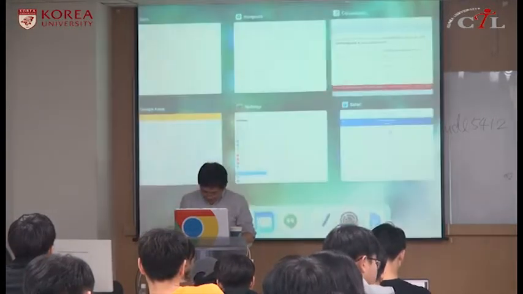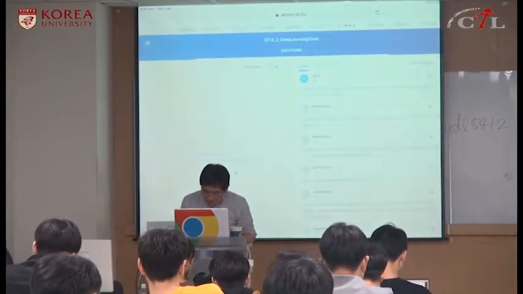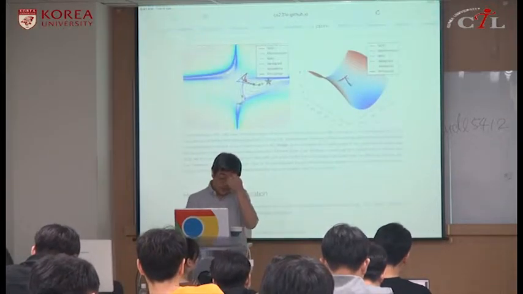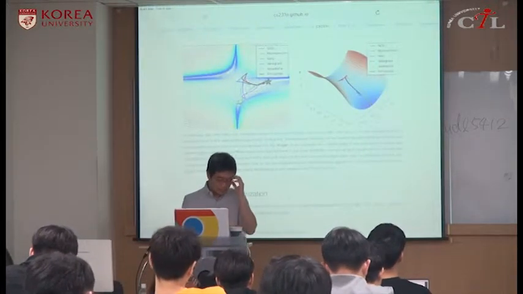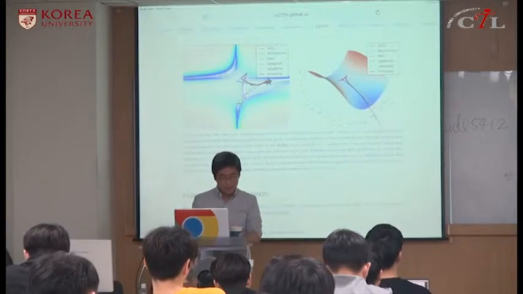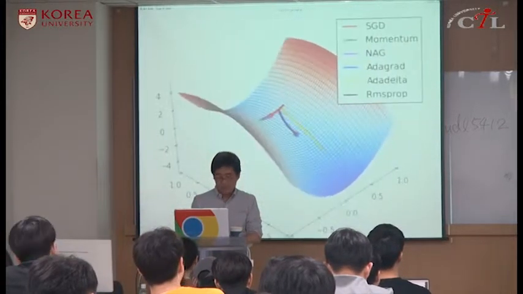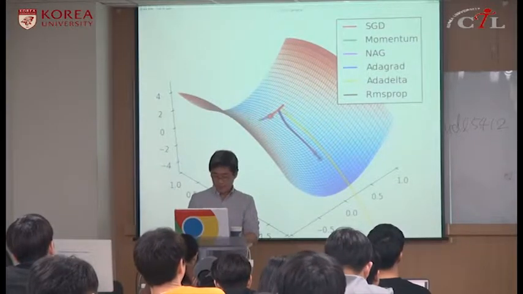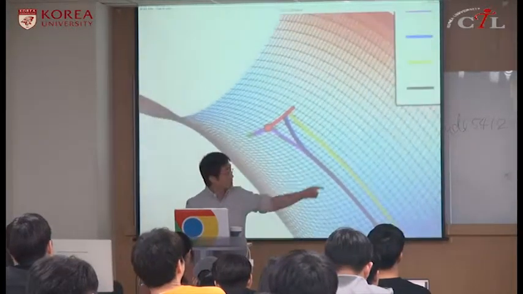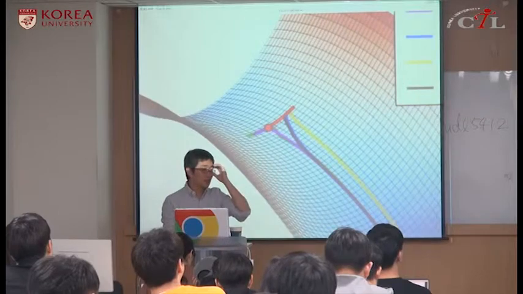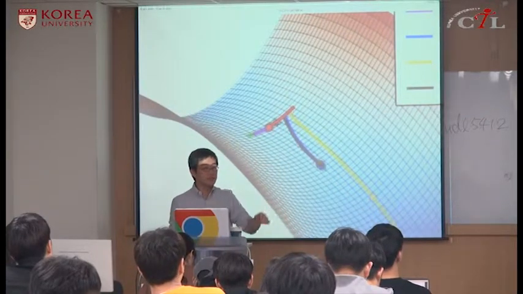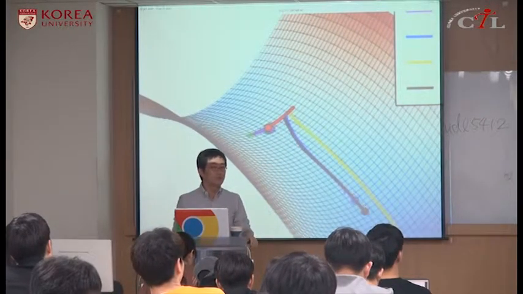Okay, then the one thing that I wanted to show last time was this. So this is a saddle point example. Given this saddle point, the gradient along all the different dimensions will be almost 0. Right?